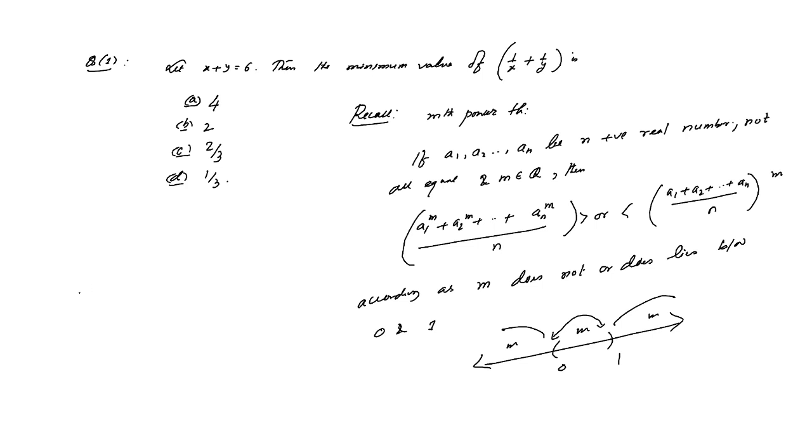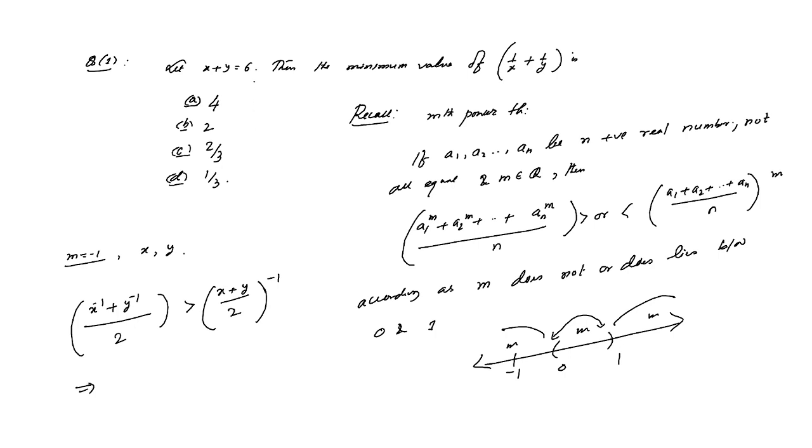So according to the mth power theorem for m equals minus 1, if we take two numbers x and y, then (x to the power minus 1 plus y to the power minus 1) by 2 will be greater than ((x plus y) by 2) whole to the power minus 1. Here m equals minus 1 is outside of 0 and 1, so obviously it will be the greater than symbol.